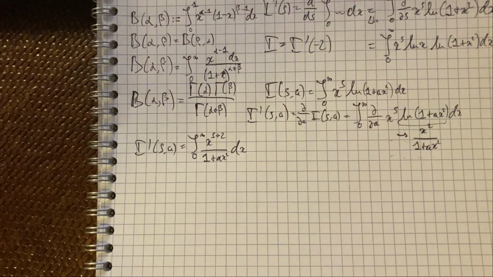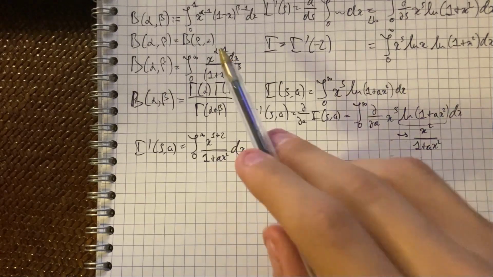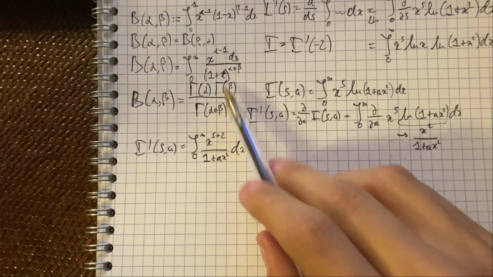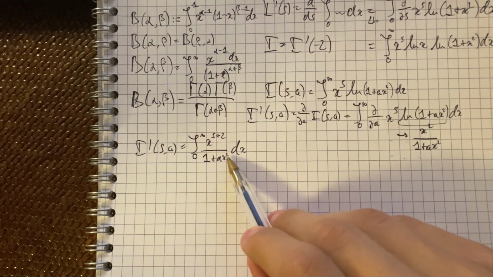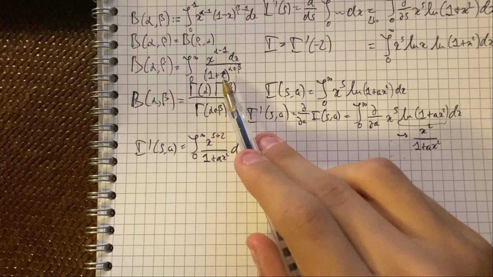And we want to link this to this function. We see that the only problem here is this a x squared that should be only x. So how can we solve that problem?